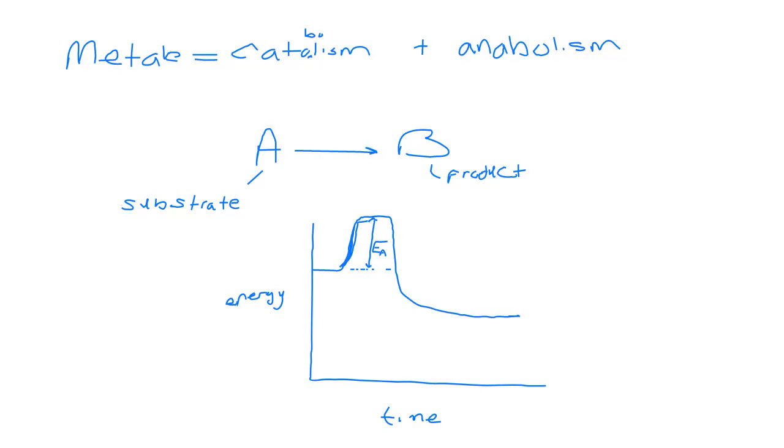So the activation energy is the energy required to activate or start a reactant. Again, we're starting with our substrate A, and that's the energy level of A, and down here is the energy level of our product B. But in order for A to be converted into B, we need to acquire energy from the environment. A lot of times that comes in the form of heat. We're going to talk more about that later.